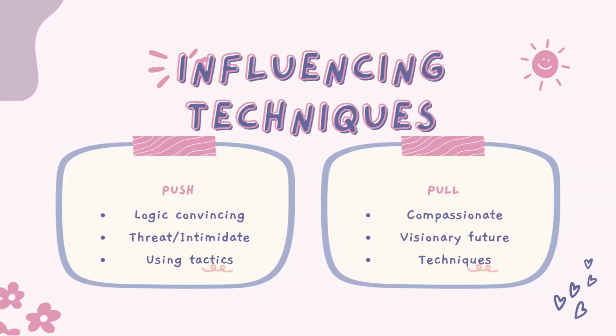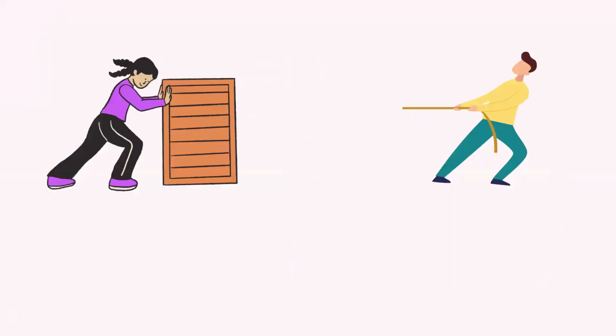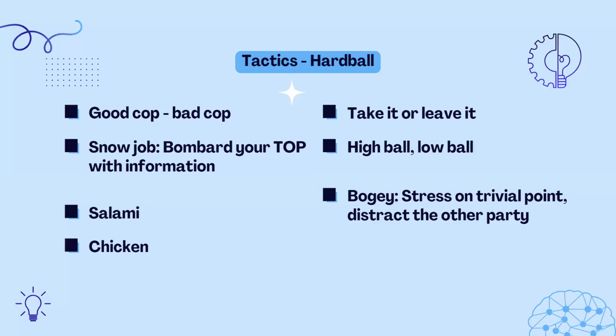The other is about taking time, but once we secure it, we have the commitment. With push, we may use tactics like good cop, bad cop, snow job, or salami, taking small concessions one at a time, or take it or leave it.